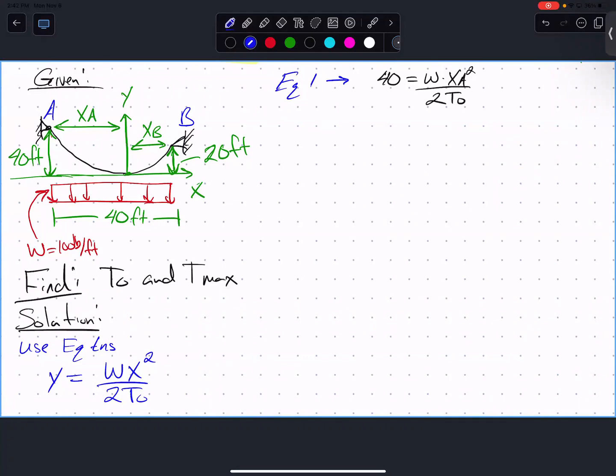So we're basically implementing that equation at the two locations where we know y. Equation 2 is going to be 20 is equal to w xb squared over 2 T naught.